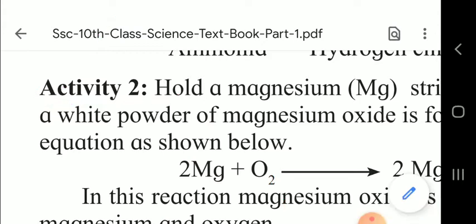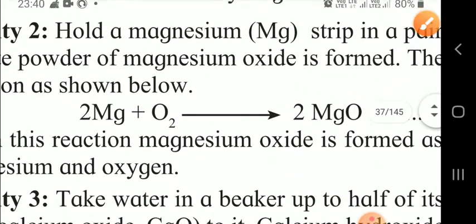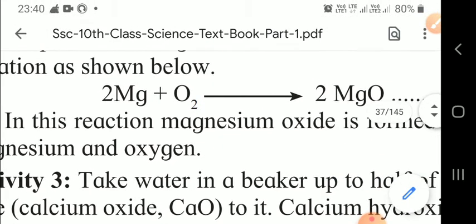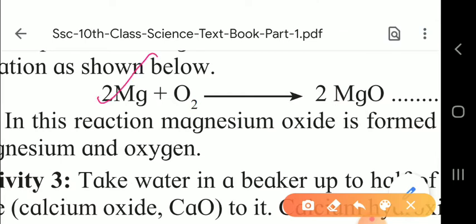Here you will see: 2Mg combined with the oxygen of the atmosphere forms 2MgO, that is magnesium oxide. So children, in this reaction magnesium oxide is formed as a single product by combination of magnesium and oxygen. Let us see the third activity, children.